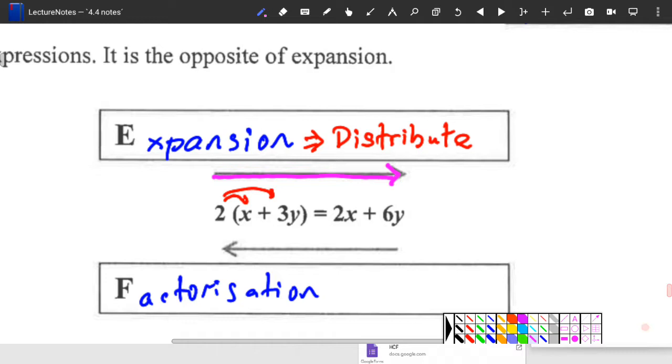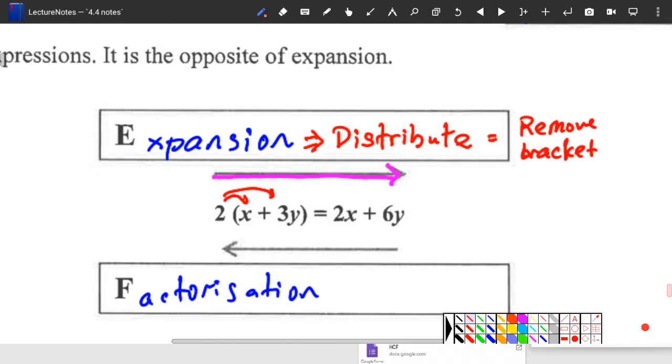No. So got bracket, no bracket. So a simple way of saying expansion is to remove the bracket. Kelly, what is a simple way of saying expansion? Remove the bracket. Okay, write that down.